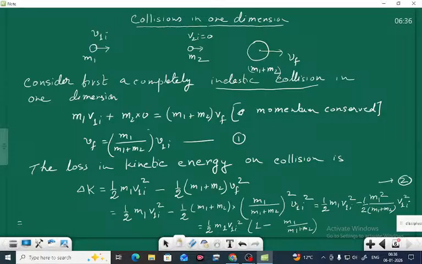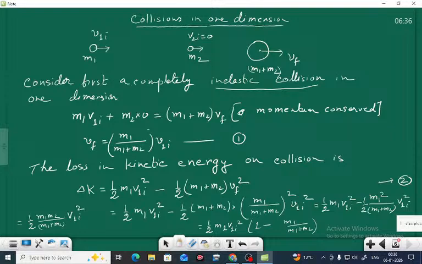So we get 1 by 2 m1 m2 divided by m1 plus m2, into v1 initial square.